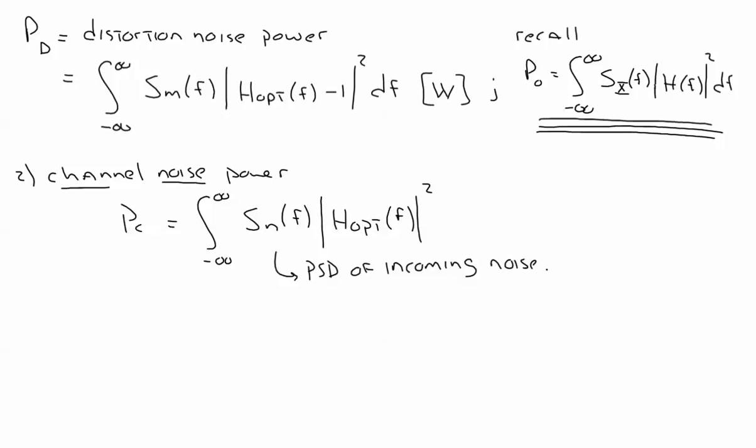Okay? All right, so the total noise is the distortion noise power plus the channel noise power. So the total noise power at the output of my linear system is going to be the distortion noise power plus the channel noise power. All right, let's go to the next page and expand that out.